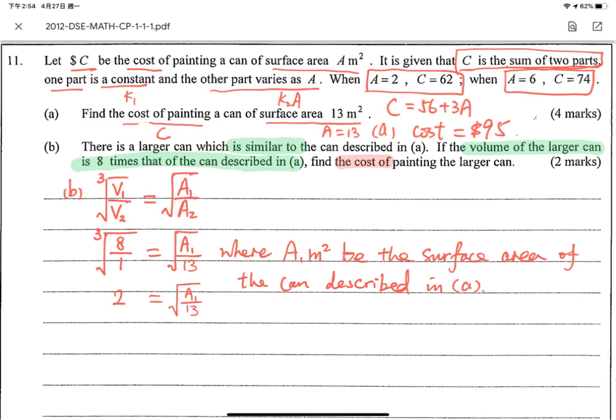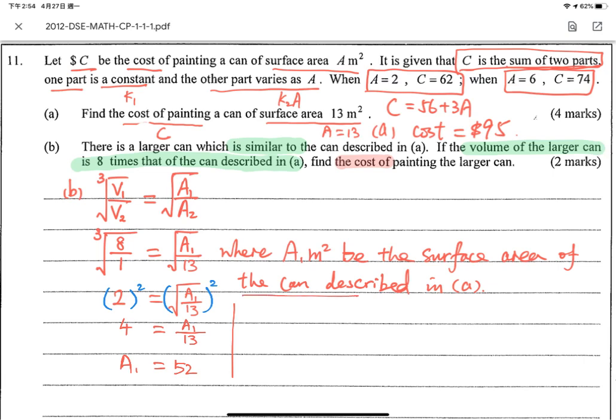Therefore A1 equals 4 times 13, which is 52.